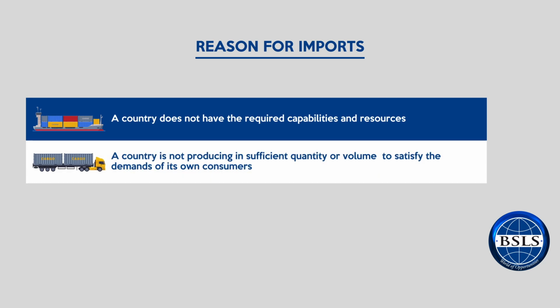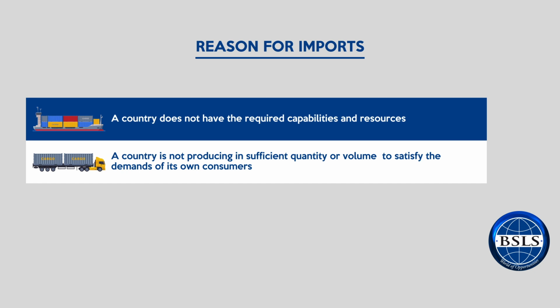The second reason a country may engage in an import is when they are producing the said product or service, however, not in sufficient quantity so as to satisfy the needs and demands of its consumers.